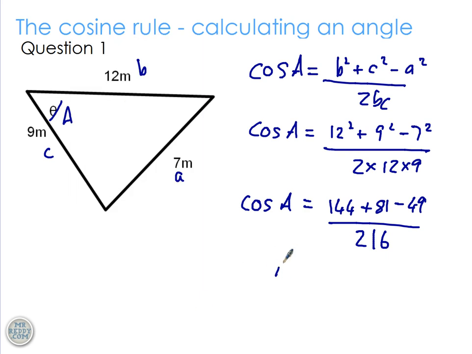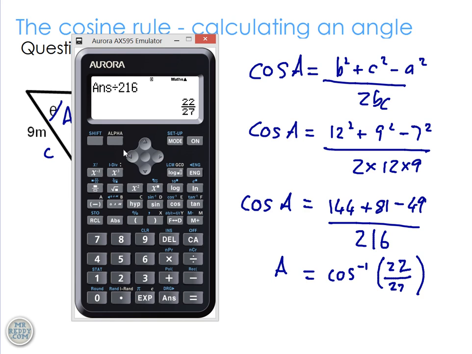So we'll skip a step here. A is the inverse cos of 22 over 27. So shift cos answer, close brackets, equals.